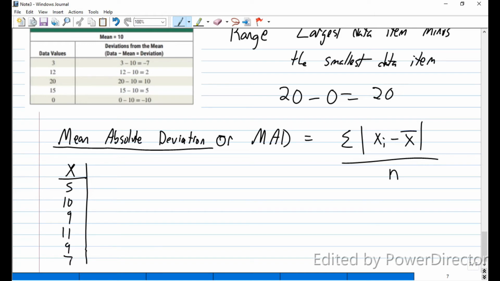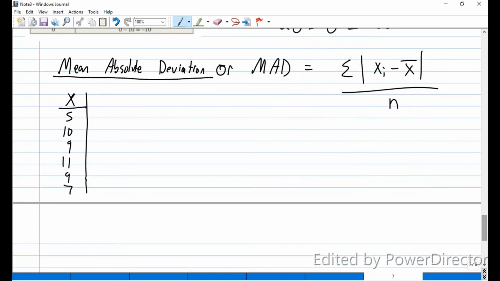Okay? Then the deviations. We have to know the mean of that set of data to find the mean absolute deviation. So we add all those up and we divide by 6. We get x bar is 8.5.